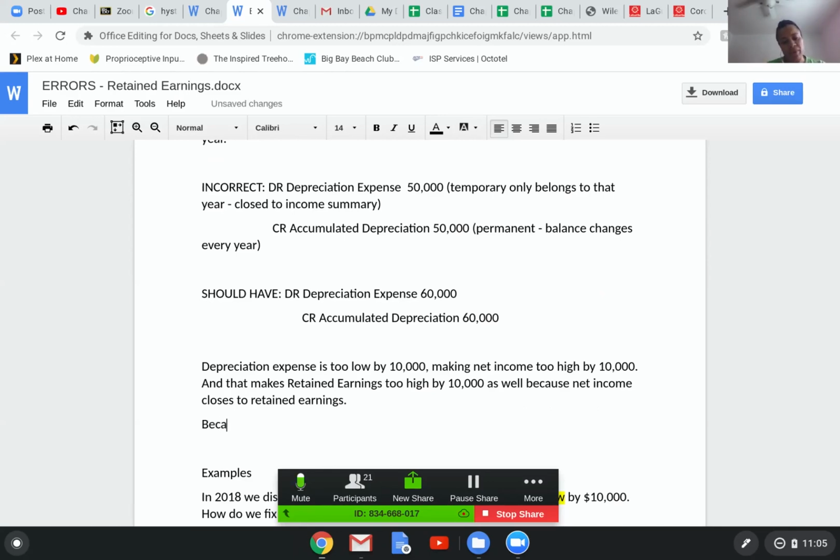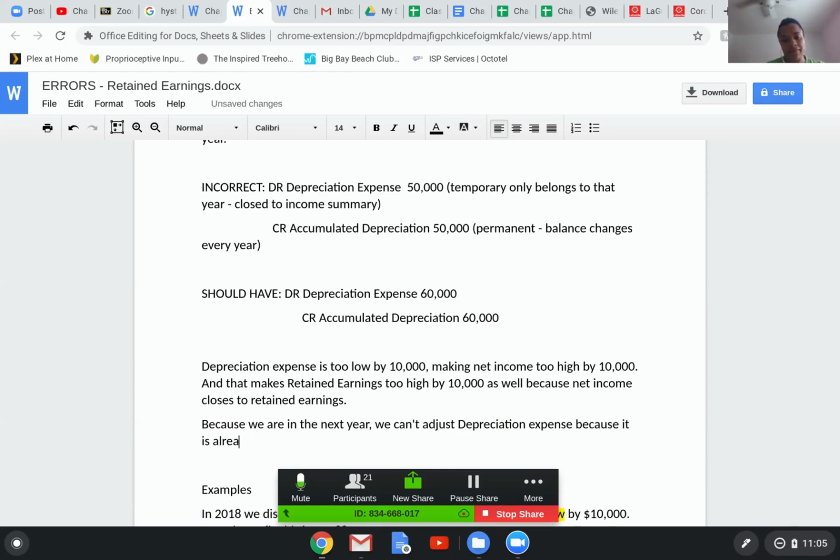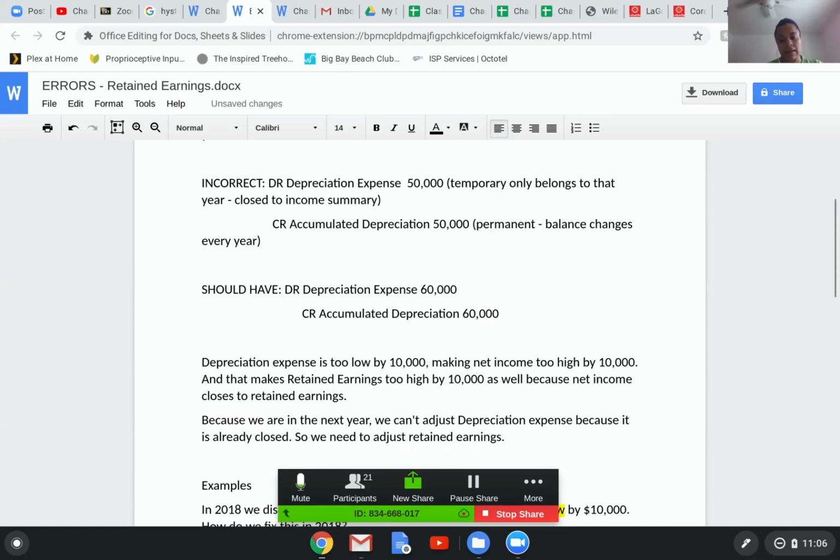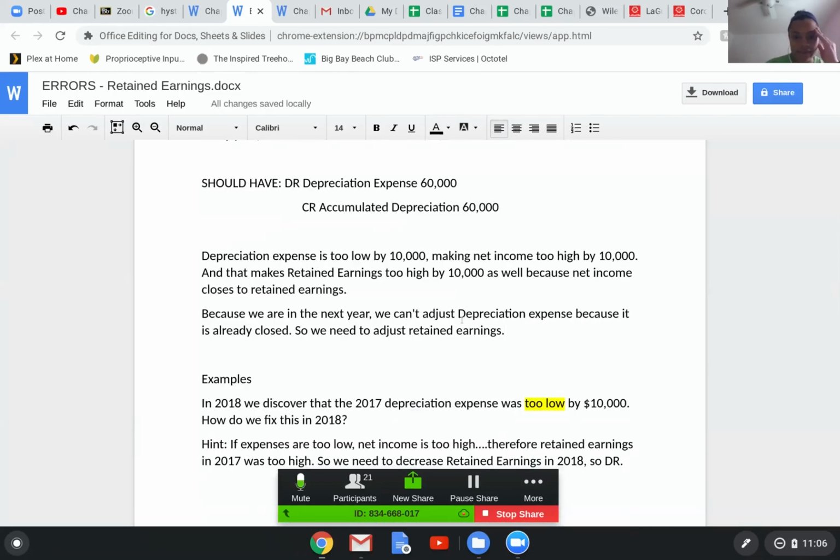But because we are in the next year, we can't adjust depreciation expense, because it is already closed. So we need to adjust retained earnings, because that's where it landed. Do you follow that piece?